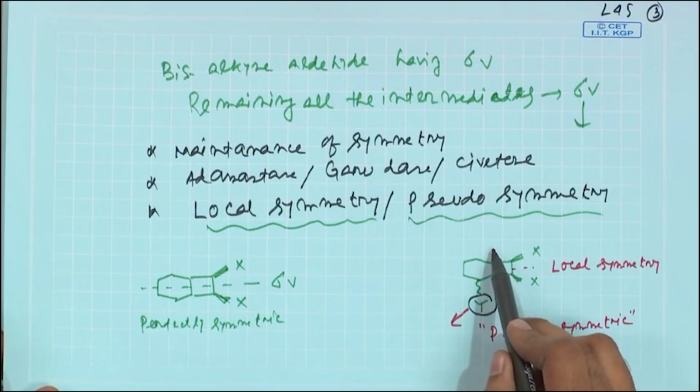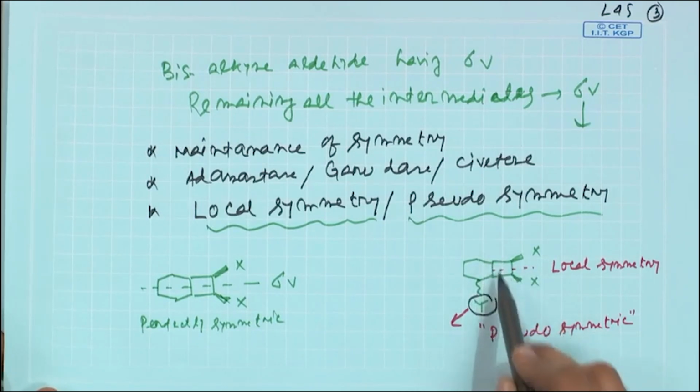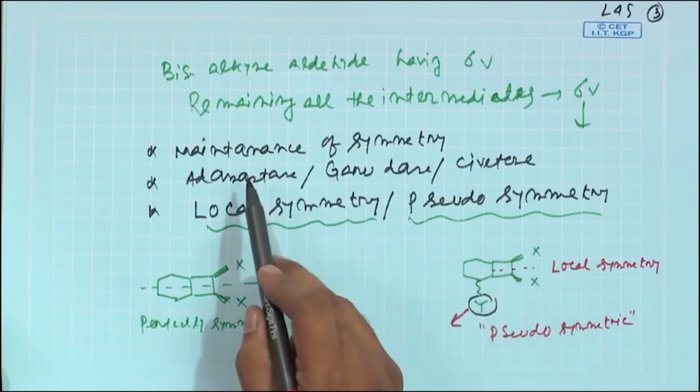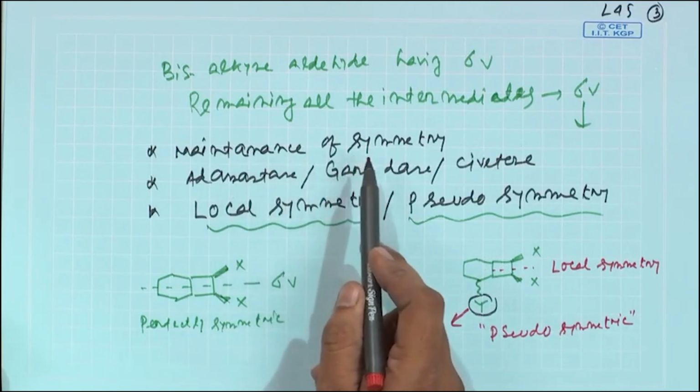Local symmetry means this part is perfectly symmetrical. Then our criterion of a perfectly symmetrical molecule, where maintenance of symmetry is strictly advisable, applies. Now, we will talk about some examples, and you will find how local symmetry and pseudo symmetry take a lead role.